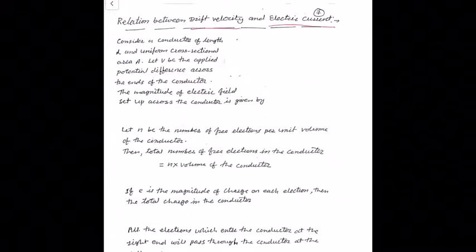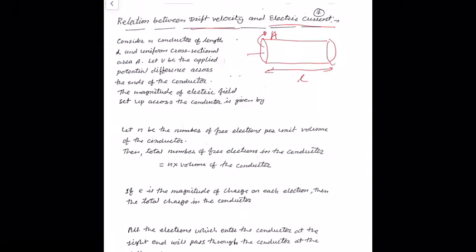Consider a conductor of length L and uniform cross-sectional area capital A. Let V be the applied potential difference across the ends of the conductor.